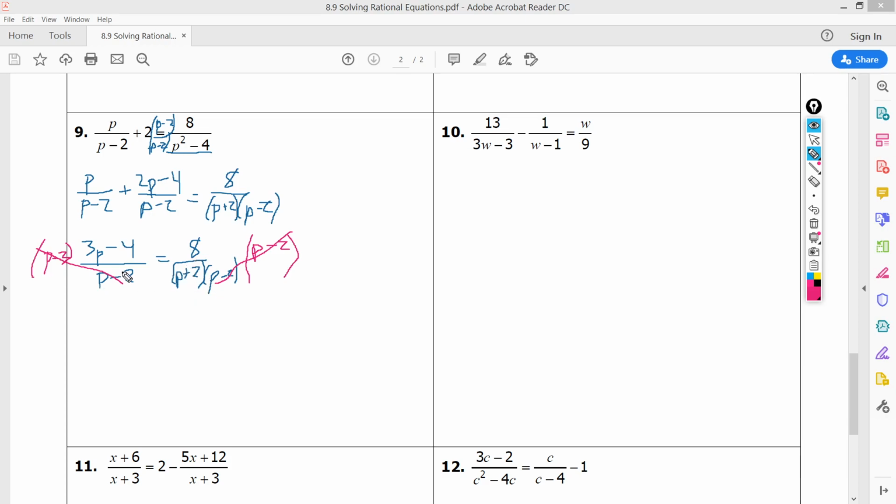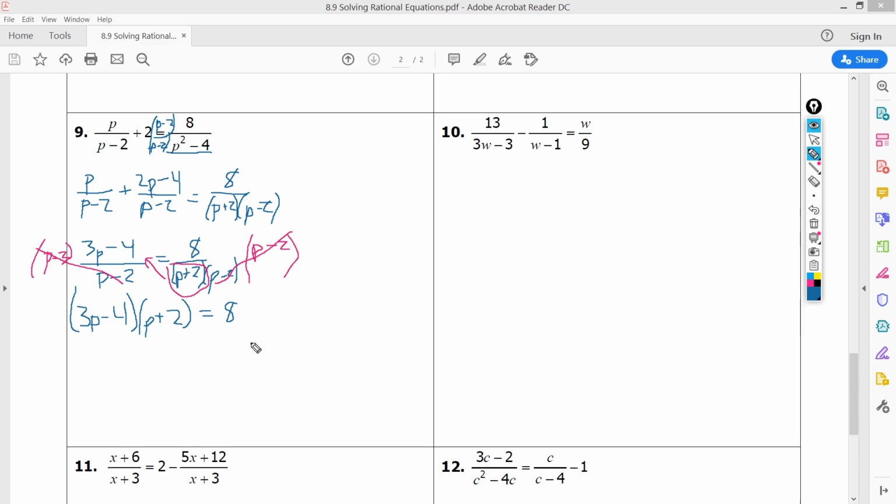But I do want to take, now this is over 1 if I do all this canceling, and I just want to take the p plus 2 and multiply it up here. So if I do that, if I have 3p minus 4 times p plus 2 equals 8.